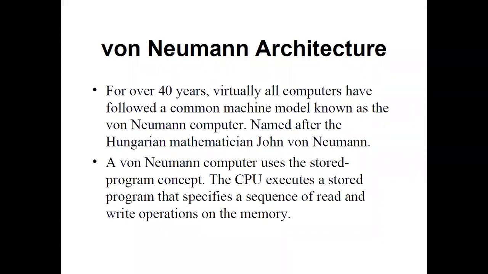So what is a von Neumann computer? A von Neumann computer uses the stored program concept, meaning the program will be stored in the memory. The CPU will execute a stored program that specifies a sequence of read and write operations on the memory. So here, von Neumann has given us the model of the stored program.